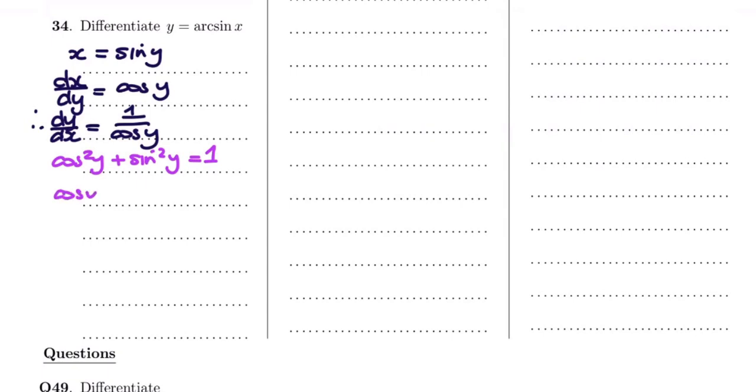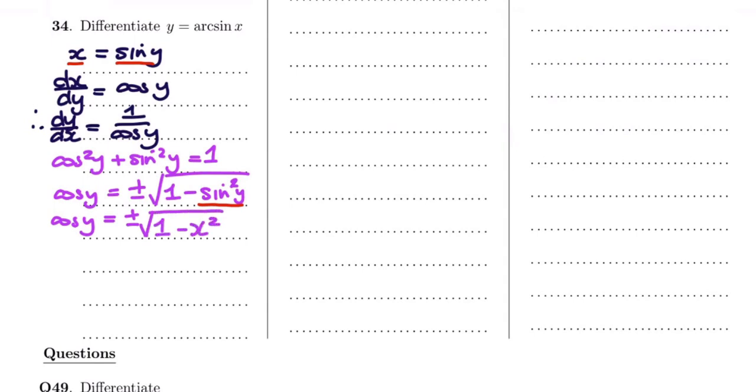So cos y equals plus or minus the square root of 1 minus sine squared y. Now, I've got x equals sine y, therefore sine squared y must be x squared. So cos y equals plus or minus the square root of 1 minus x squared.